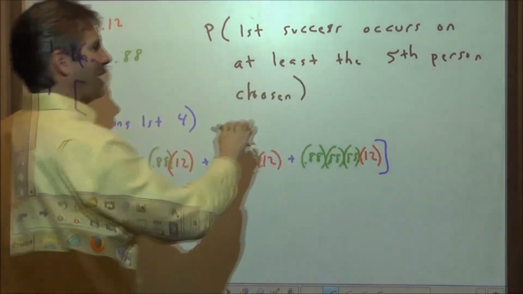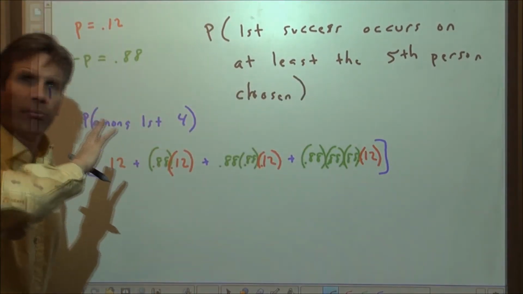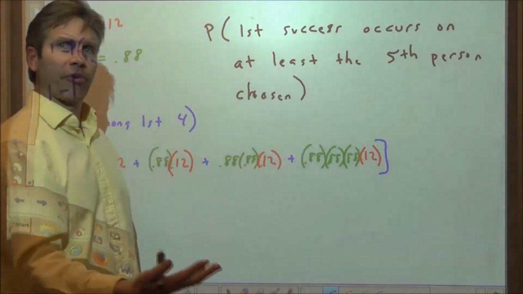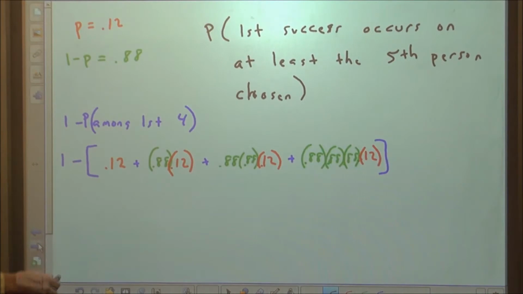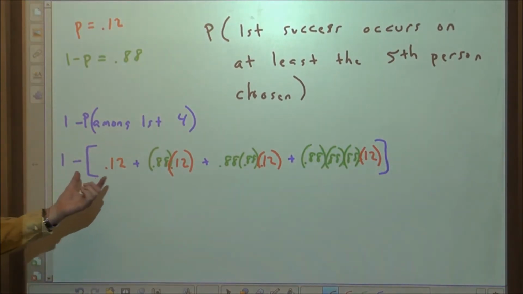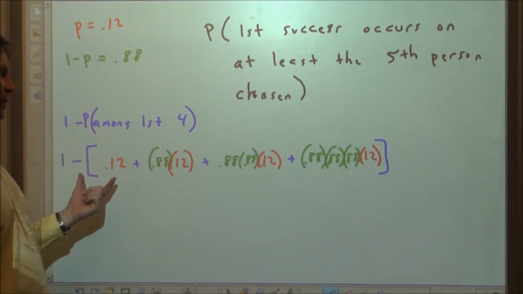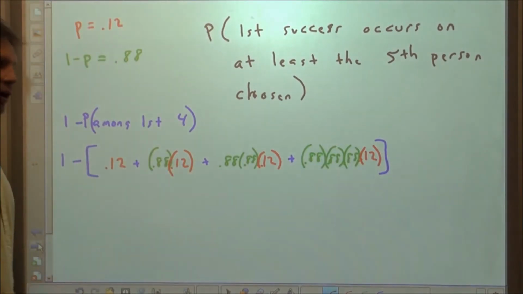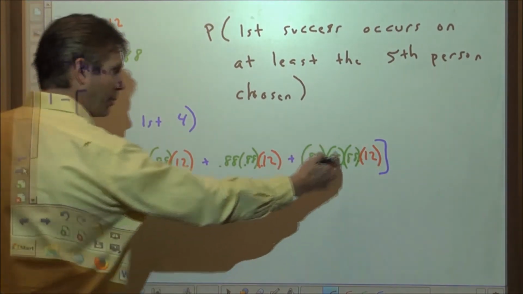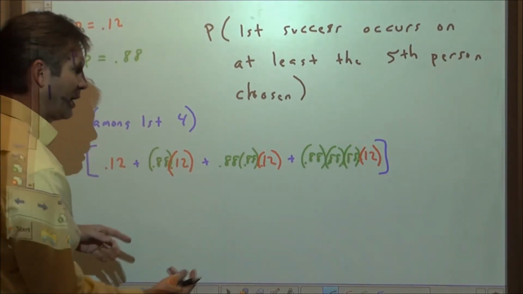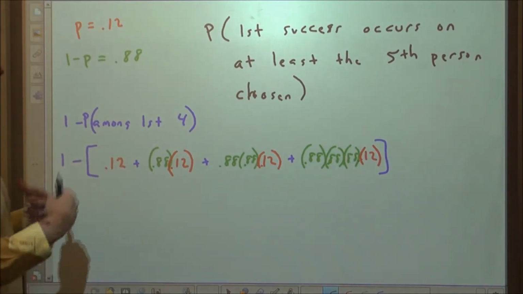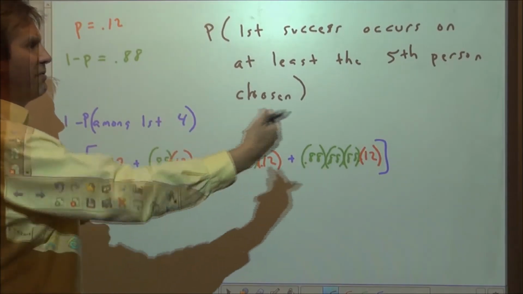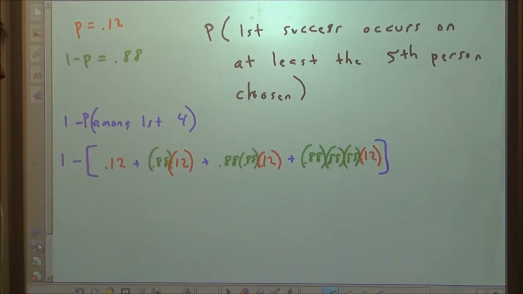We see at least 5, so if we want to find the probability that it took more than the fourth person chosen, it was at least the fifth one before we got our first success, we could do 1 minus what you get when you add up all the probabilities leading to your first success somewhere among the first 4 trials. If you take the probability that you get your first success among the first 4 trials, and you do 1 minus that, then that would be equivalent to the probability that it took until at least the fifth person chosen to get your first success.